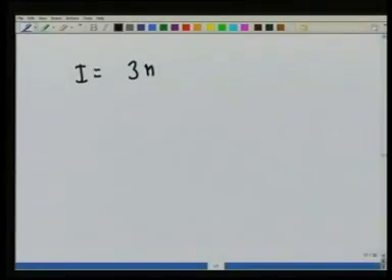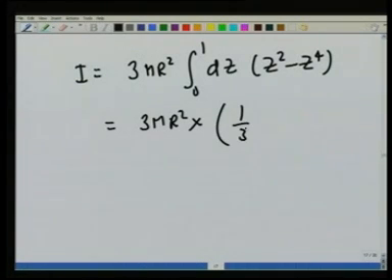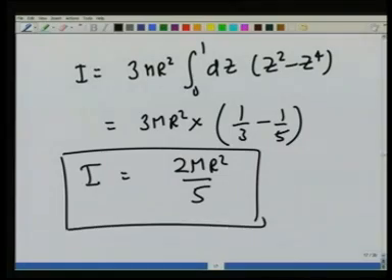Therefore, the moment of inertia I is going to be 3 M R square, 0 to 1, dz z square minus z raised to 4, which is nothing but 3 M R square times 1/3 minus 1/5, which is 2 M R square by 5, and that is the moment of inertia of a sphere about one of its axes.